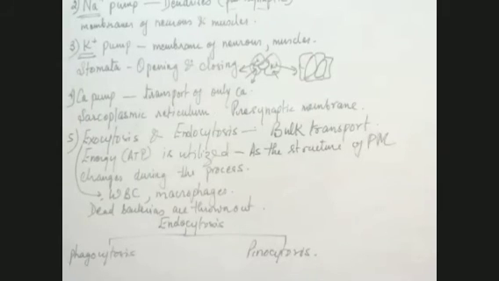Endocytosis means when a cell takes in something. So it takes either the solid material or the liquid. When it takes the solid material, it is phagocytosis. When it takes in the liquid material, it is pinocytosis. That is why phagocytosis is also known as cell eating, when a cell eats something solid, and pinocytosis is cell drinking, when the cell takes in liquid.